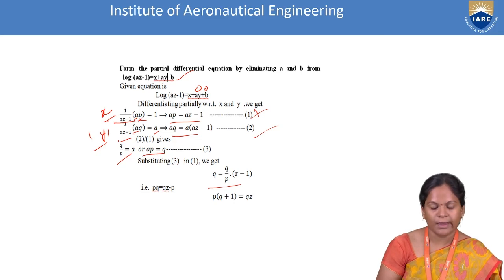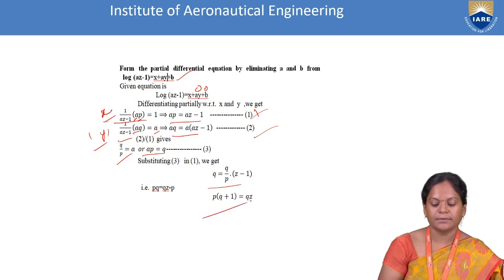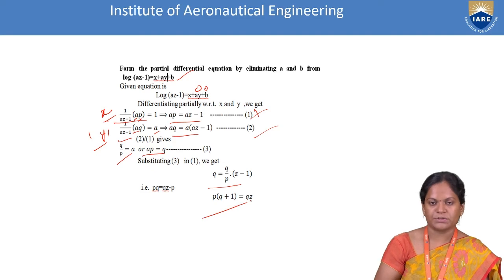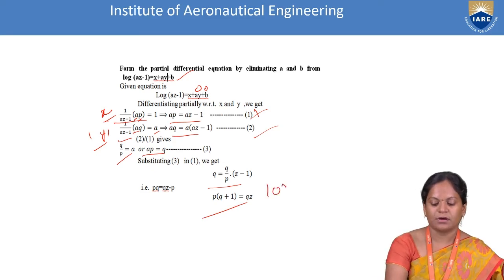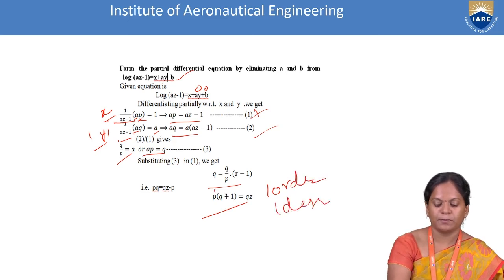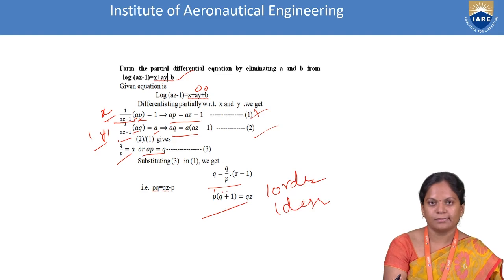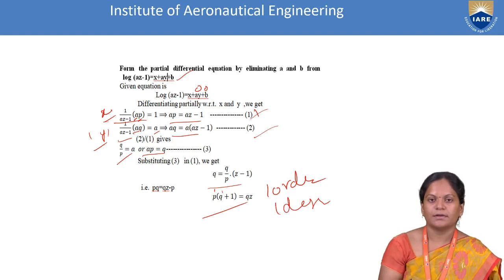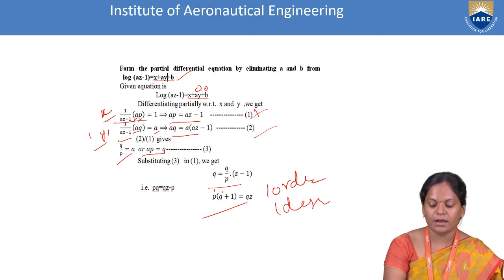There is no a and b. So this is the partial differential equation. p and q are there, which is first order and first degree. p is nothing but p power 1, q power 1, so the degree here is 1. So this is a first order and first degree partial differential equation.